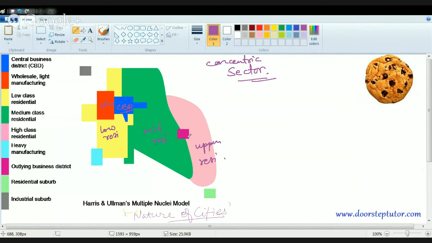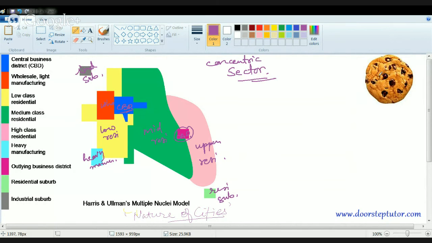Since there is a CBD here, there is again a CBD that comes up in this area, and the city tries to decentralize. So you have heavy manufacturing here. Now this region starts to develop as an industrial suburb, and this region becomes a residential suburb. So we cannot say there is any specific pattern for growth of the city here.